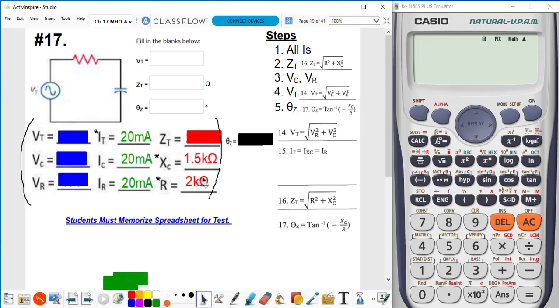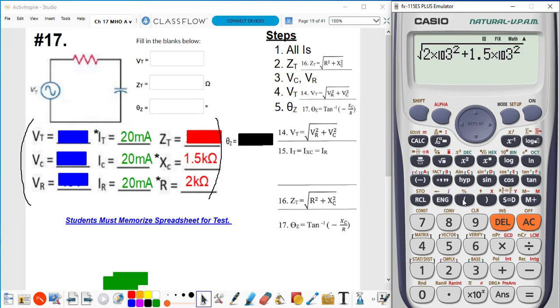The next step that I'm going to take, I'm going to calculate my ZT using formula number 16. So I'm going to open square root, and I'm going to punch in my R value of 2K ohms, and I'm going to square that, plus my capacitive reactance value of 1.5K ohms.